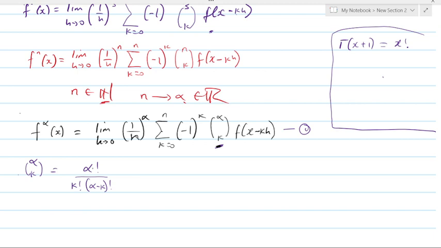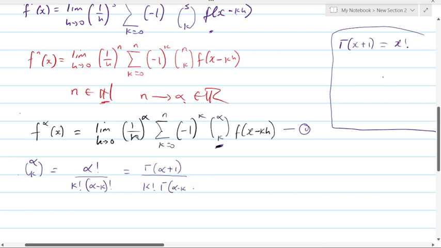So here now alpha factorial, that will give us gamma alpha plus 1 using that gamma property, and then we have k factorial, and this alpha minus k factorial will be gamma alpha minus k plus 1. So we now substitute this back to equation 1.